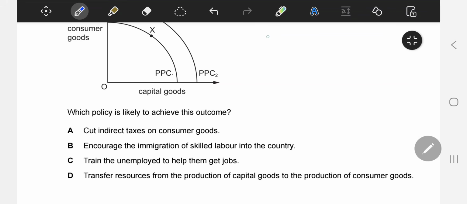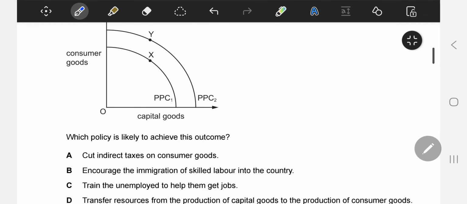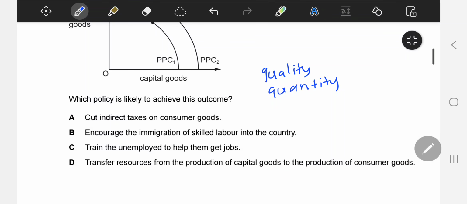So this is a shift of the PPC, so it's going to be something to do with increasing the quality or the quantity of factors of production. So let's just look for something that can increase the quality or quantity of factors of production.